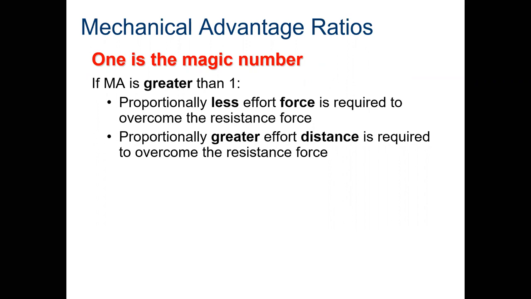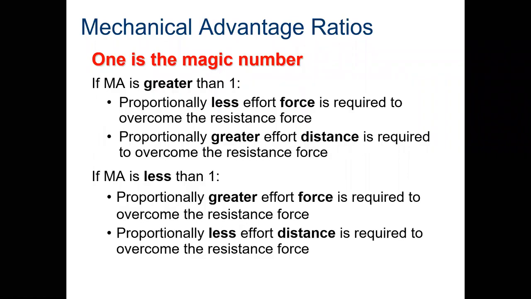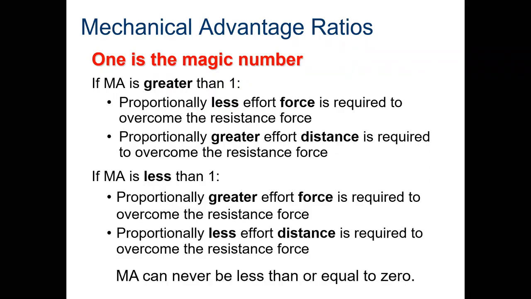So you require less effort force to overcome the resistance force, but you require greater distance to overcome that force. If your mechanical advantage is less than 1, you would use greater effort force, but you move something less of a distance. There are scenarios where you would want both, and so mechanical advantage can make that happen for us. You can never have a mechanical advantage less than or equal to 0.